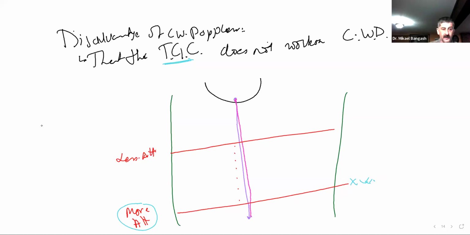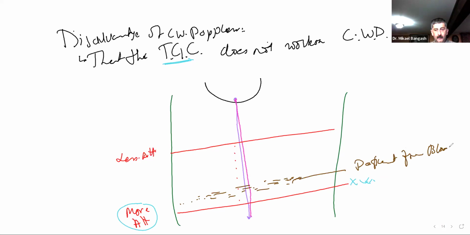So at this deeper depth here, it may appear that the blood vessel may be deficient from blood flow compared to these shallower depths here, which is not true.